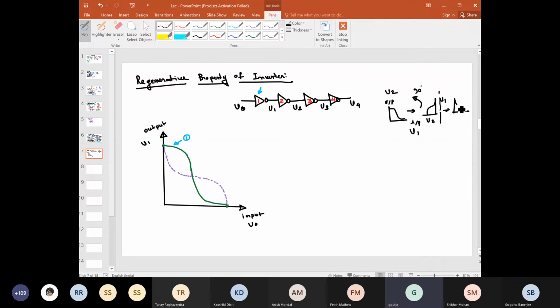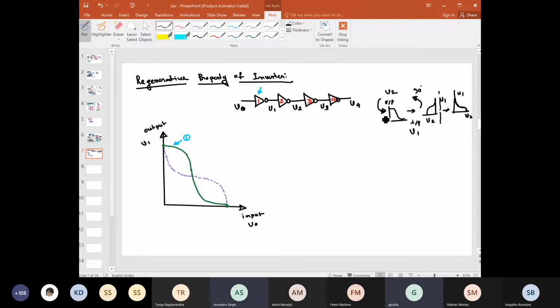So here you have V2 and here you have V1. You understood? For the second inverter, output versus input has to be plotted, so this is the output versus input.